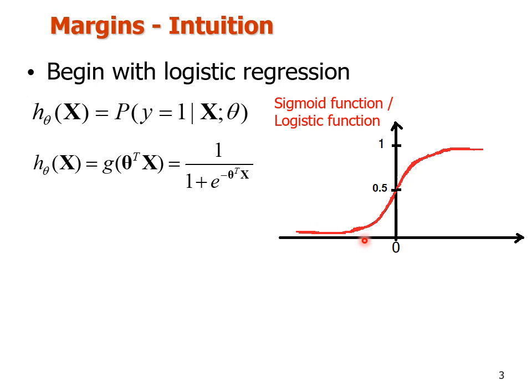Now for simplicity, let us assume that this theta transpose x is z and our hypothesis h theta x is denoted as g of z, and this red plot denotes my hypothesis h theta x or g of z. So here on horizontal axis we are having z, that is theta transpose x, and on the vertical axis we are having our hypothesis h theta x or g of z.